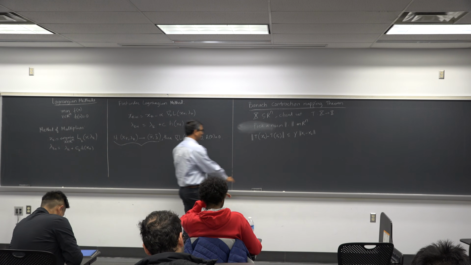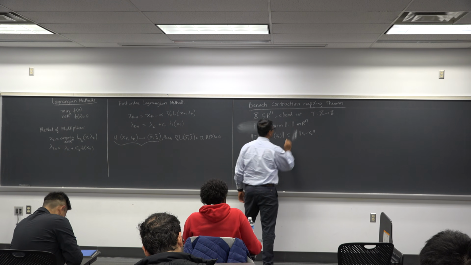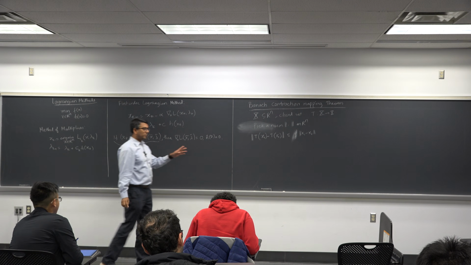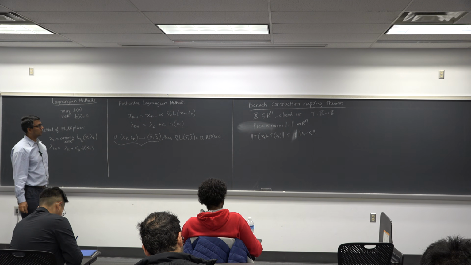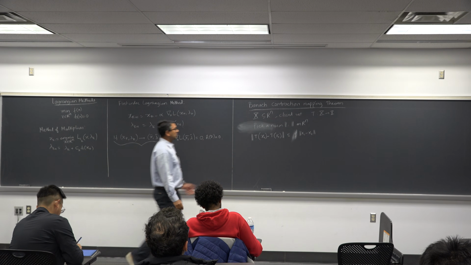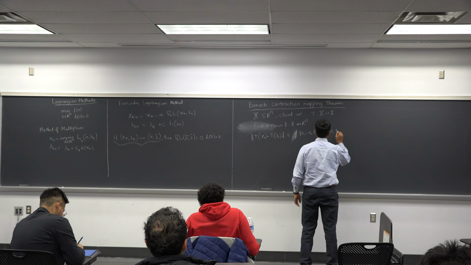Okay, the book is using rho, so I'm going to use rho. I don't think we have used rho so far. This rho will be the spectral radius of a matrix in some time, but for now just assume that T satisfies this condition and rho is strictly less than 1.